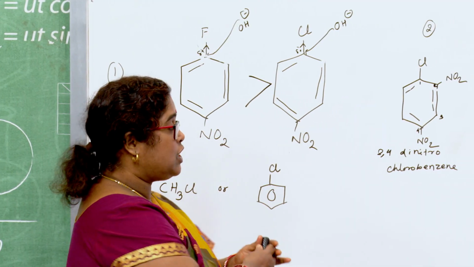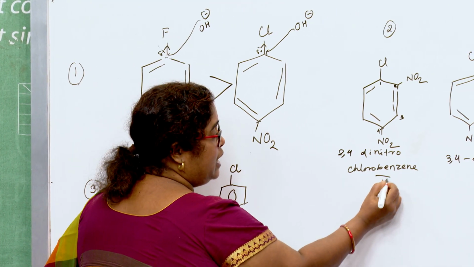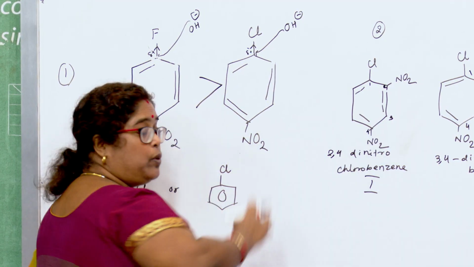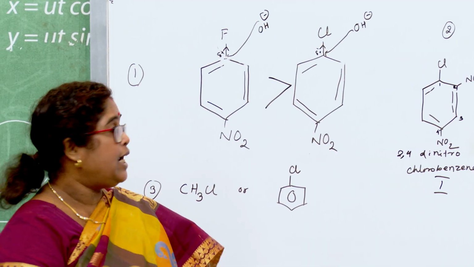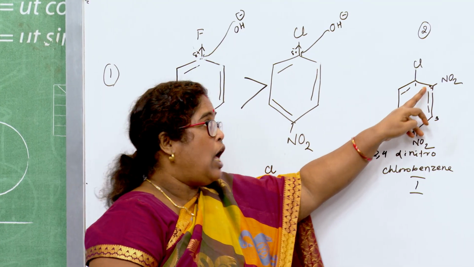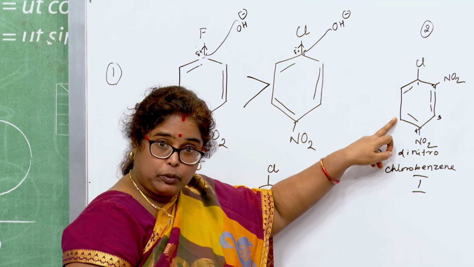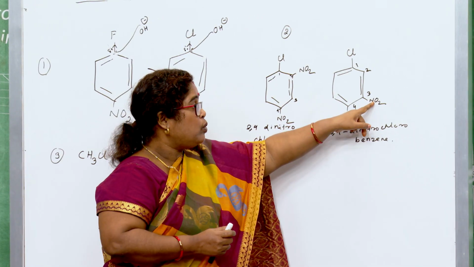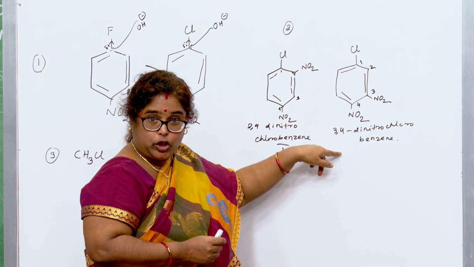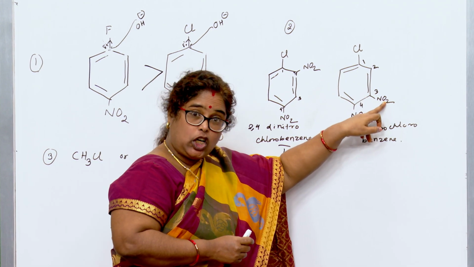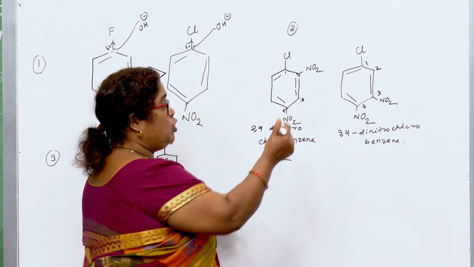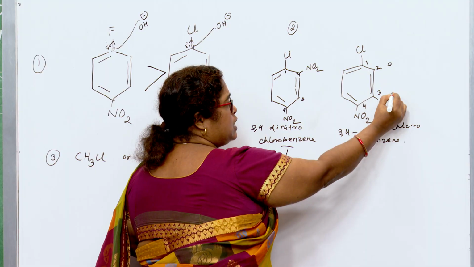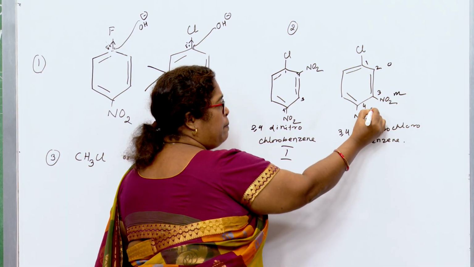In the first structure, you have seen that the two NO2 groups are substituted at the ortho position as well as the para position. Whereas, in the second case, the two nitro groups are at the meta position and para position. So, this is the ortho position, this is the meta position and this is the para position.